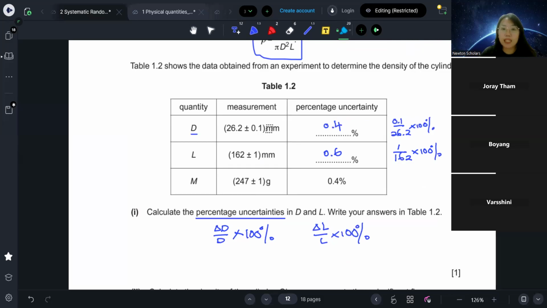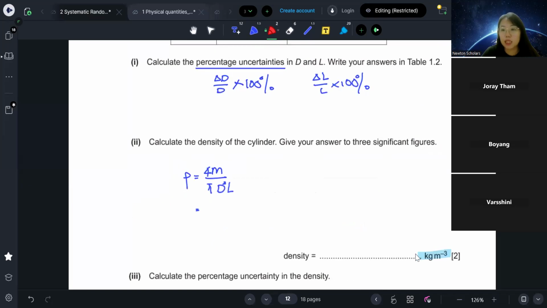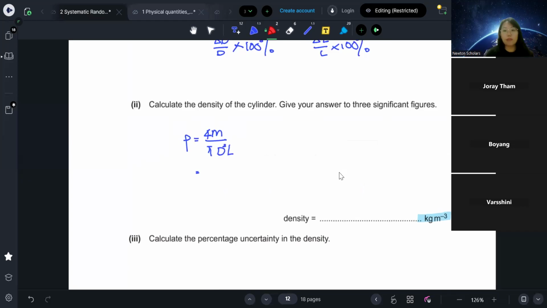Then this one milli. Milli represents times 10 power of negative 3. So you also need to use 26.2 times 10 power of negative 3. This one also the same. Because the final answer here, they give you kg per meter cube. Okay? So be careful with the unit.